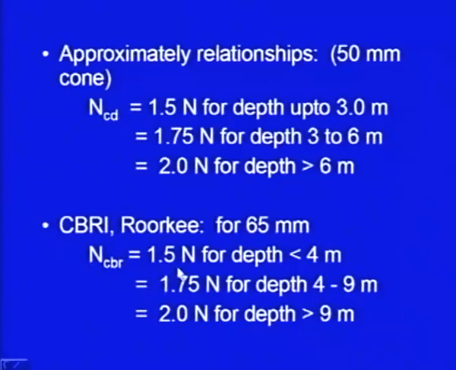It is equal to 1.5 N for depth less than 4 meter, it is 1.75 N for depth 4 to 9 meter and 2 N for depth more than 9 meter. So, these expressions can be used, but they should be confirmed. There should be some confirmation before using these rough correlations.